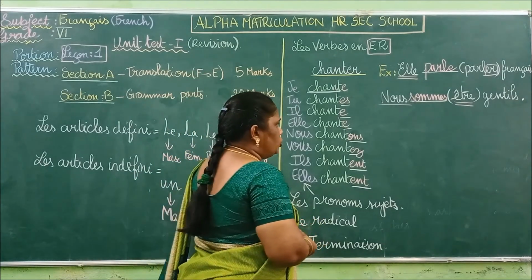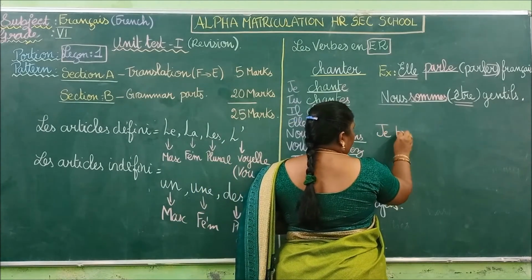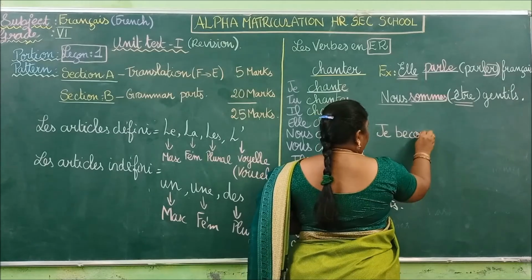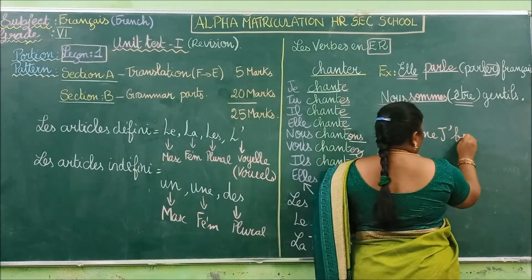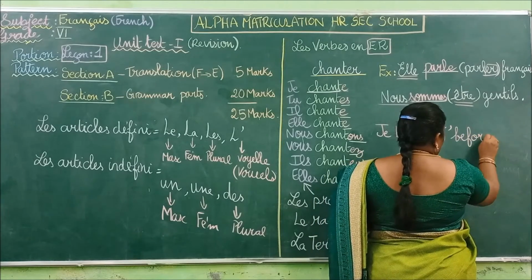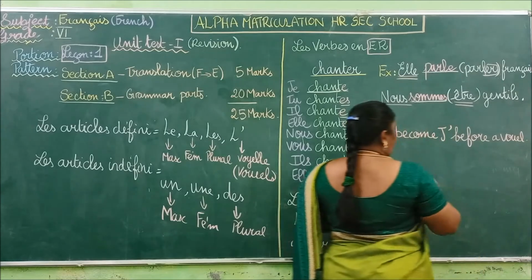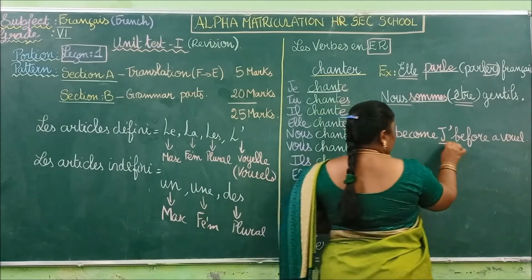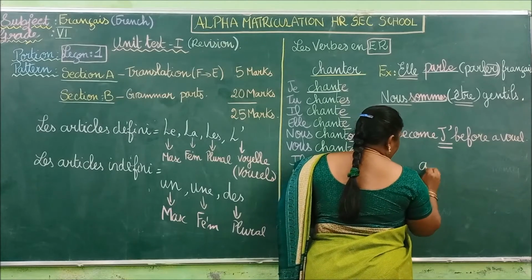Then we saw also one rule. What is the rule? Je becomes j'apostrophe before a vowel. So we have to see this carefully, because we have one example.